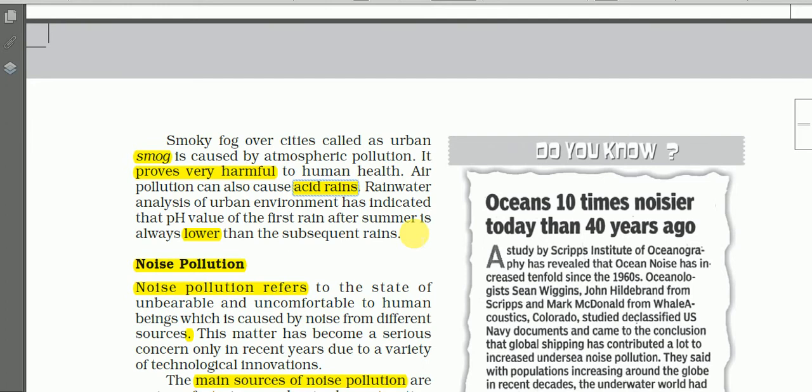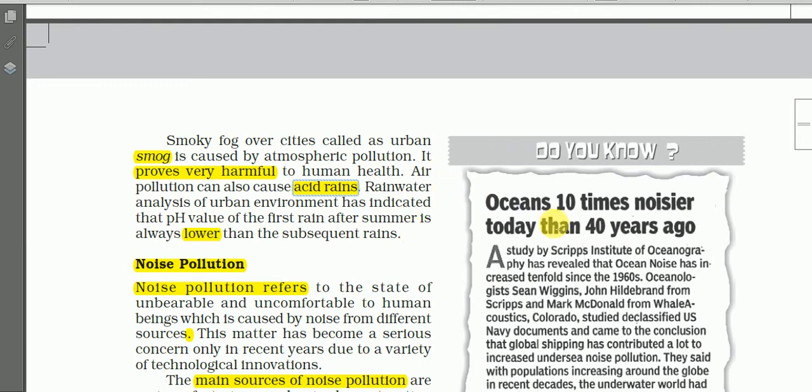Acid rain is precipitation possessing a pH value of 5.2 or below, primarily produced from emission of sulfur dioxide and nitrogen oxide. So when rainwater is mixed with sulfur dioxide and nitrogen oxide, acid rain occurs, and it is very harmful to human beings and the environment.